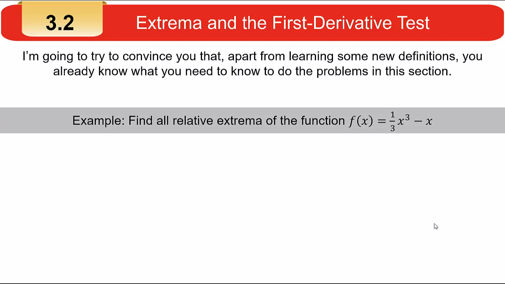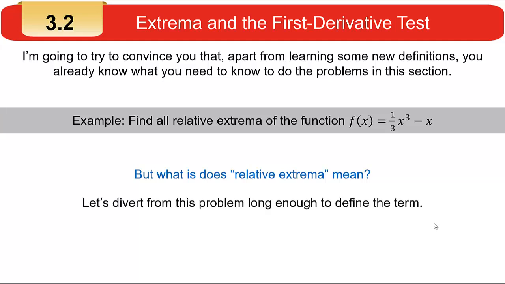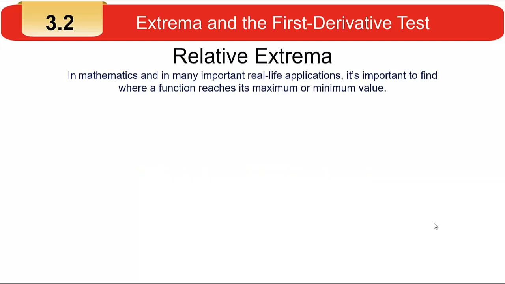I told you we'll be introducing some new terminology, so the first thing you might ask is, what does relative extrema mean? It's actually pretty simple. If you think about real-life problems, physics, engineering, business, often it's really important to find the maximum value or the minimum value of the function.